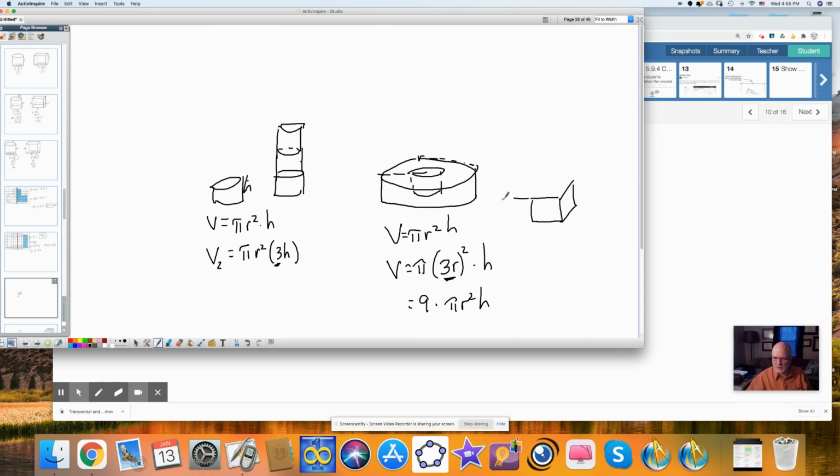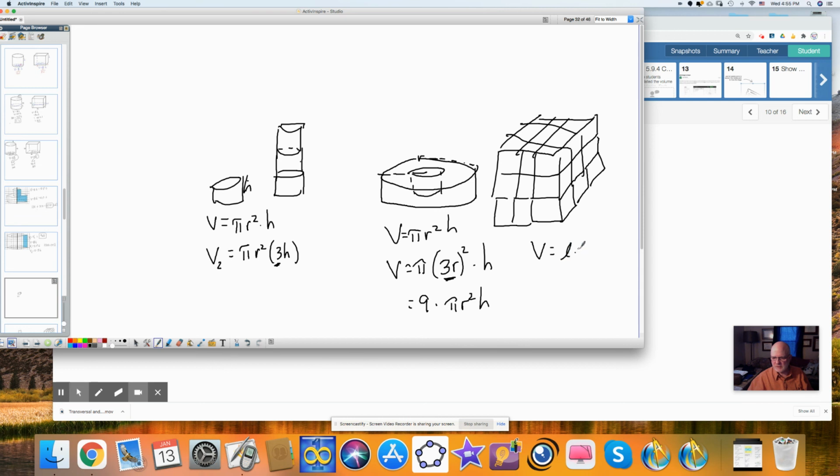If I have a unit cube like this, and I were to triple its length, width, and height, so here I'm tripling the length, triple the width, and I'll also triple the height. Go 1, 2, 3 times as high. So it's 3 times as high. And if I were to draw it across the top, how many blocks are there going to be? My original block is equal to some volume.